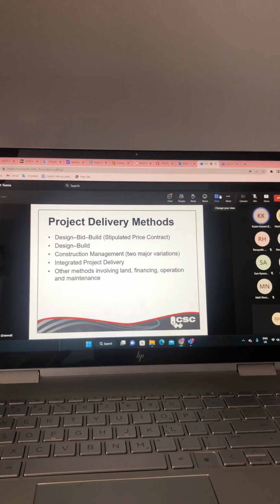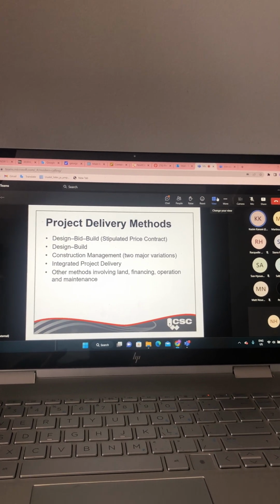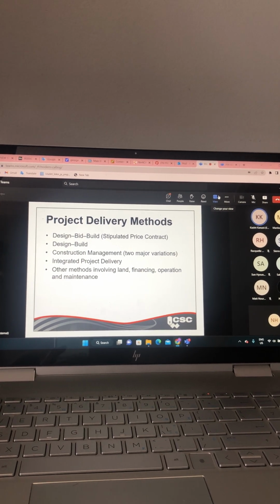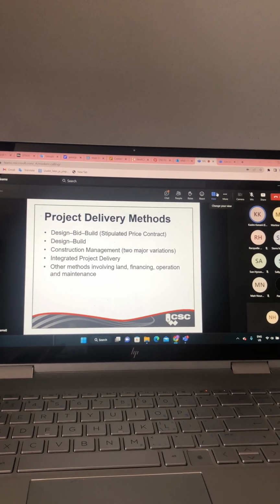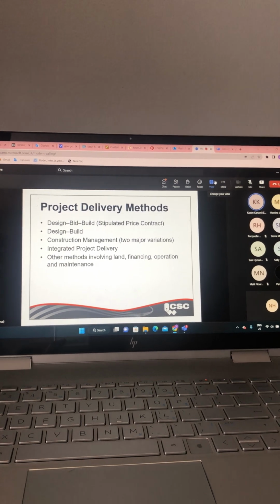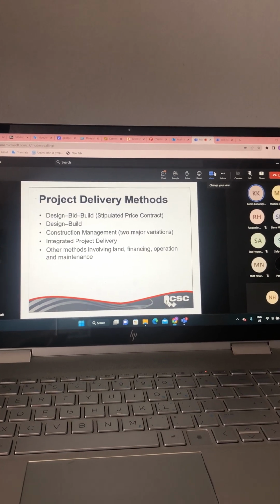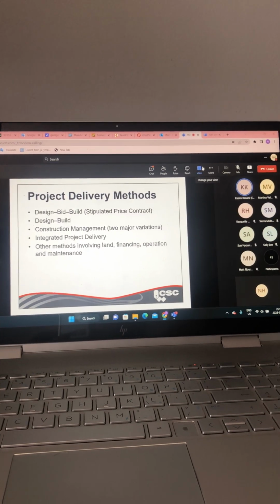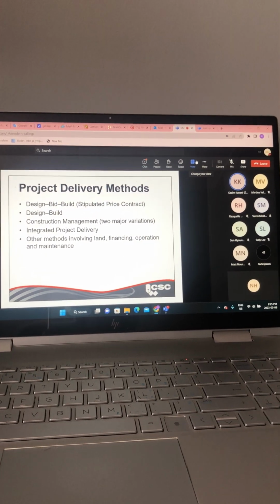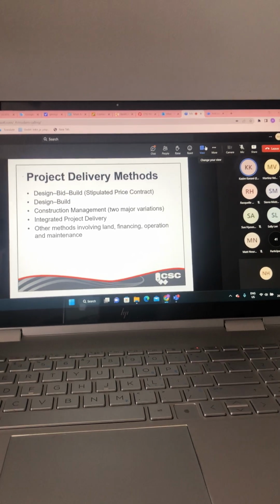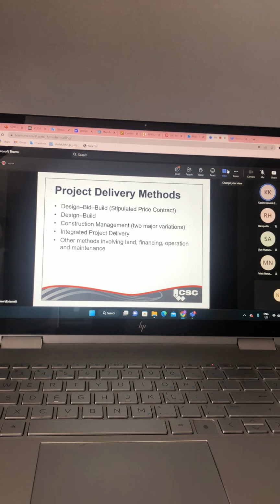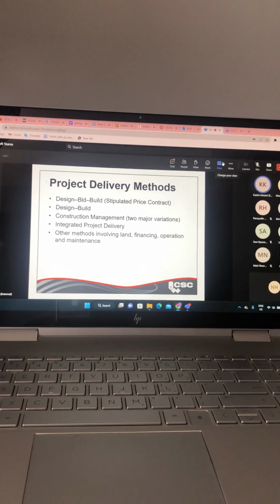Construction management comes with two major variations, okay? Construction management for services, as well as construction management for services and construction. We're also going to touch on the integrated project delivery, IPD, and then we'll talk about some other methods that involve land, financing, operation, and maintenance, and are typical forms that are used on significant scale and size government projects.